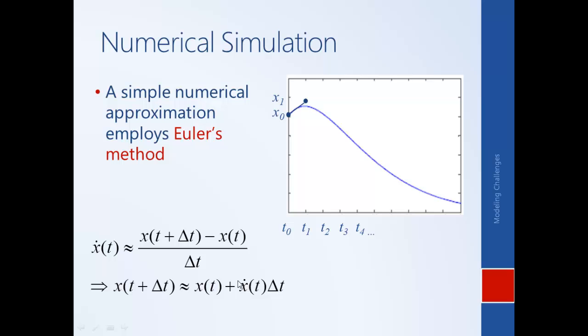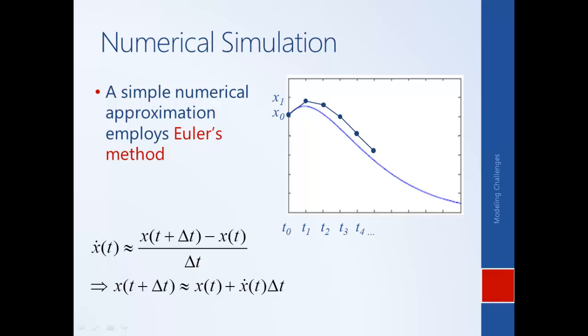From that estimate of x sub 1, we can then perform the same sort of estimate. We have our estimate, we have our value of our derivative, we extrapolate some time delta t out into the future to get an estimate of x sub 2. And we continue to do that, and we get some approximation of the graph x of t.